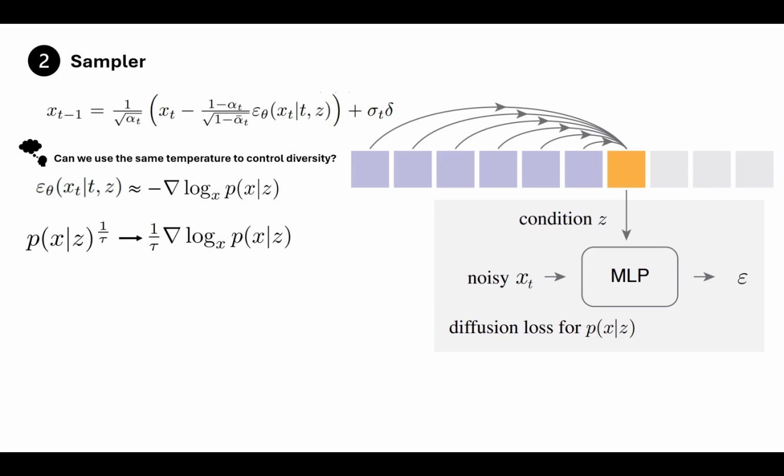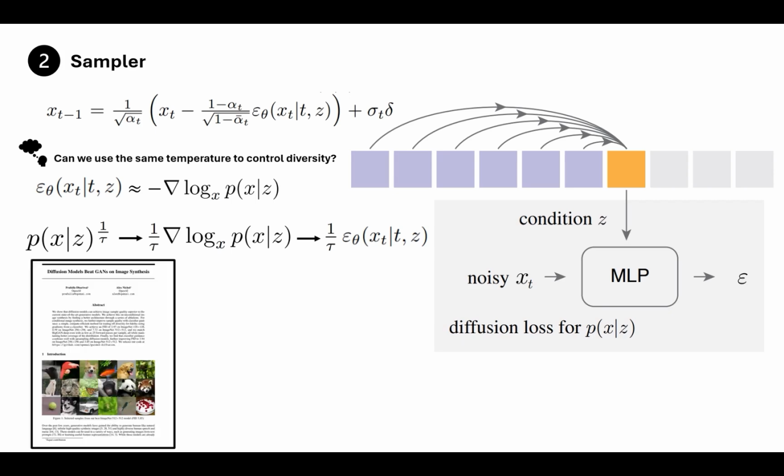And since the gradient of log of probability is proportional to the epsilon, the difference is just the direction and also some scale, which I haven't shown in the slide, but it is just the square root of 1 minus alpha, but that's not important. The important thing is that since these two are proportional, scaling the log of probability by temperature is equivalent to scaling the epsilon value by 1 over temperature, and that way we can control the diversity.